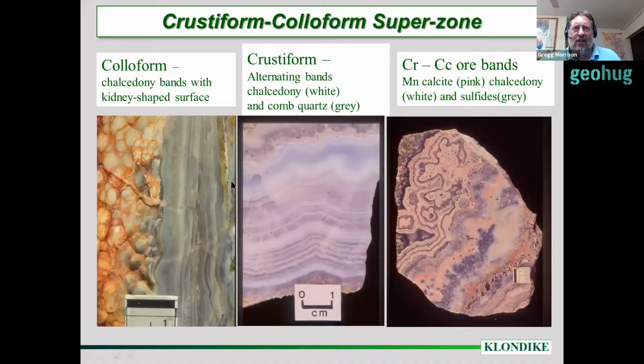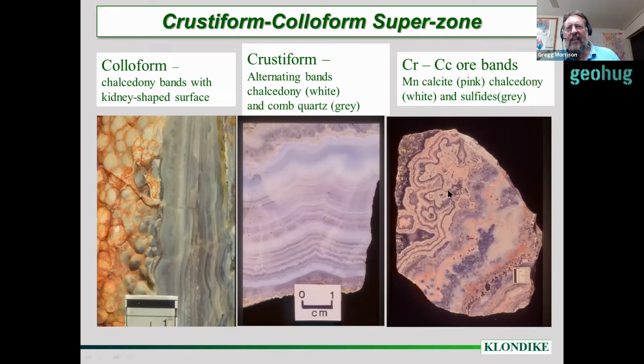This one has the same colloform texture in this grey chalcedony, but the purple bands here are quartz crystals growing away from that surface. You can see the outlines of them in this band here. So the crustiform texture is this alternation between chalcedony and crystals in typical samples like that.